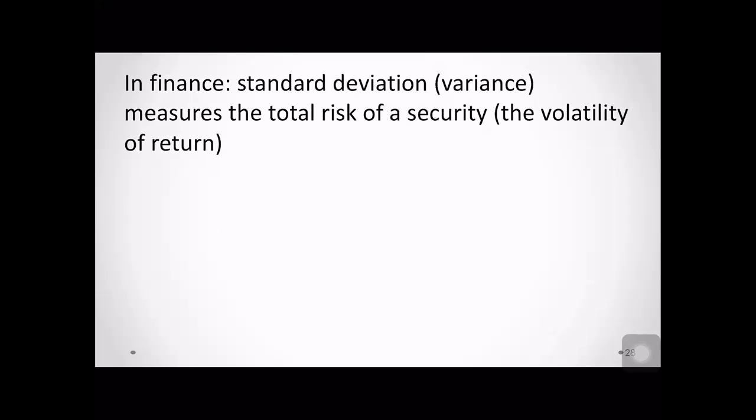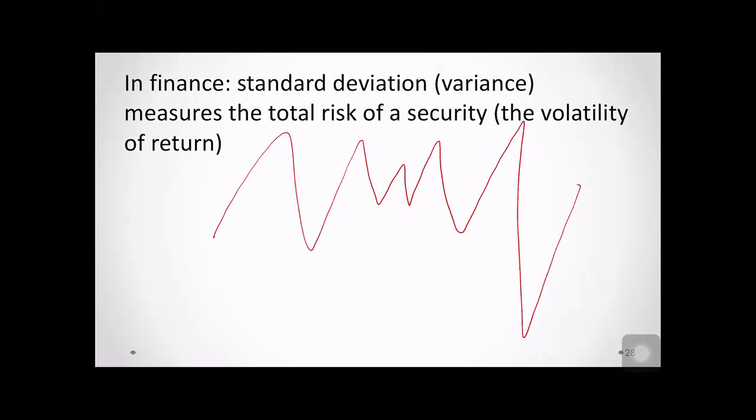So stock return can be something like this, and the average is maybe around 5%. Sometimes they have 20%, sometimes they have negative 20%. So we need to capture this up and down. We can capture it by first calculating the deviation and then calculating the variance and standard deviation.